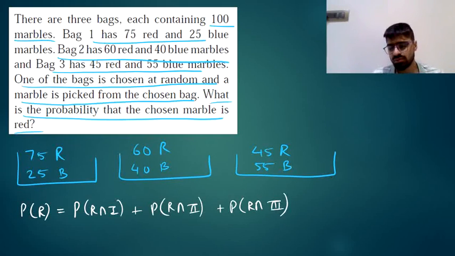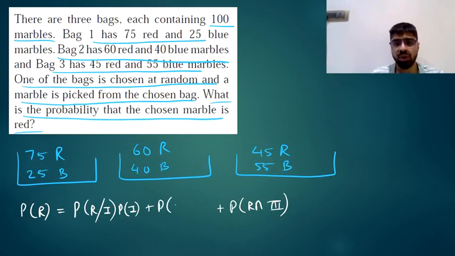So we are writing P of R intersection 1 as P of R given 1 into P of 1, plus P of R given 2 into P of 2, plus P of R given 3 into P of 3.